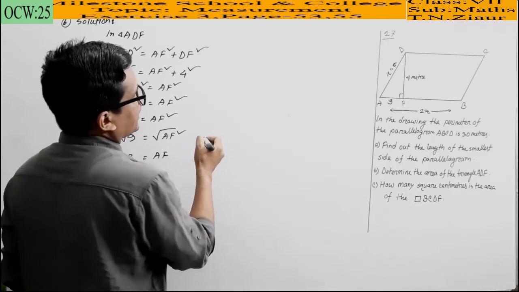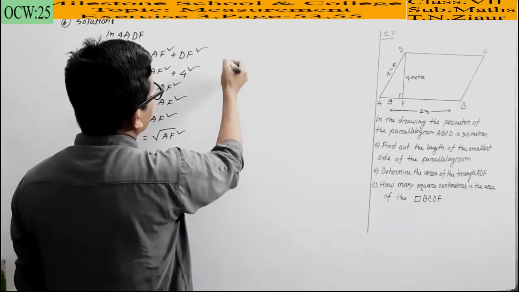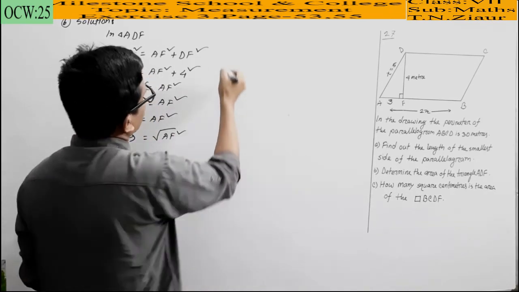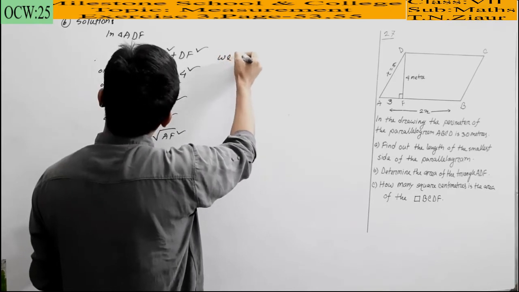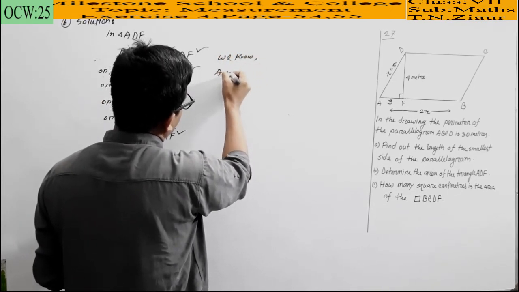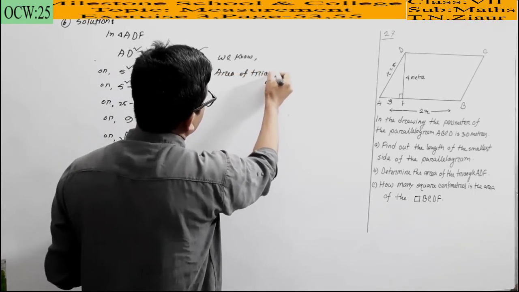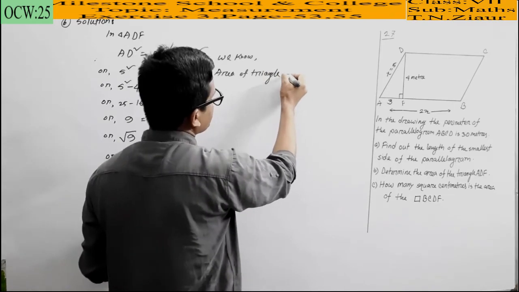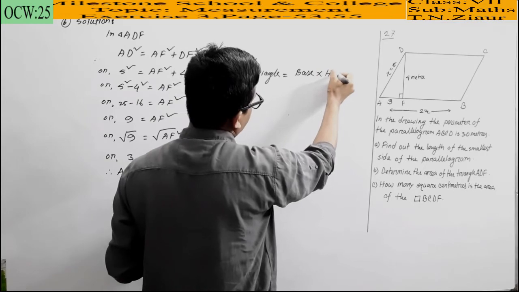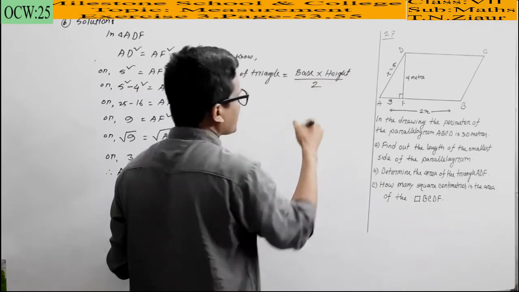Okay, now we have to find the area of the triangle. So how to find the area of a triangle? Base times height divided by 2. So area of triangle is equal to base times height divided by 2, or half into base into height.